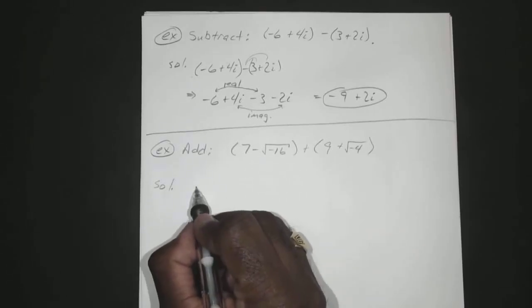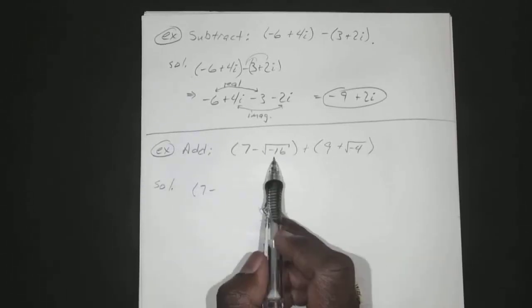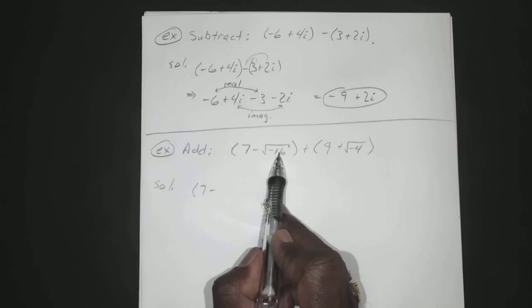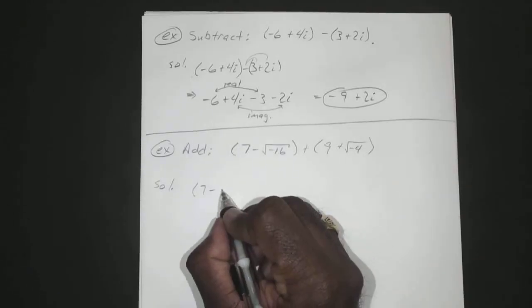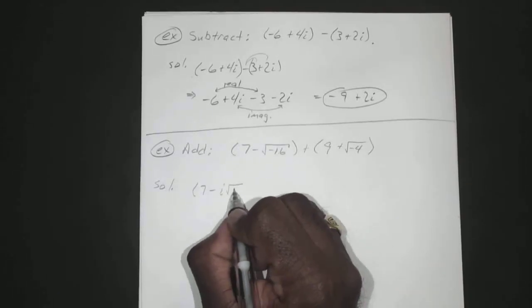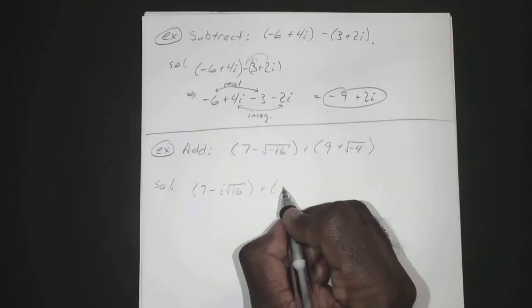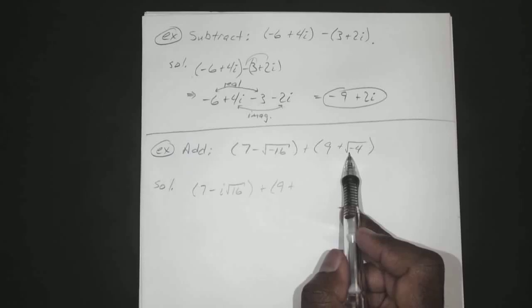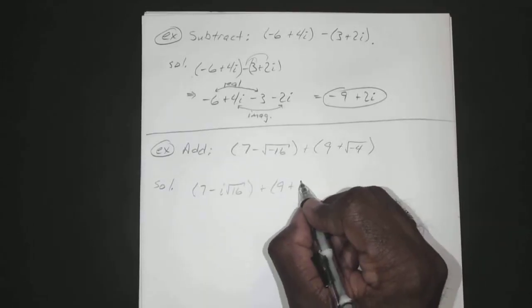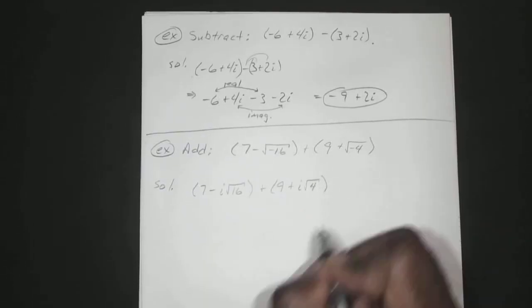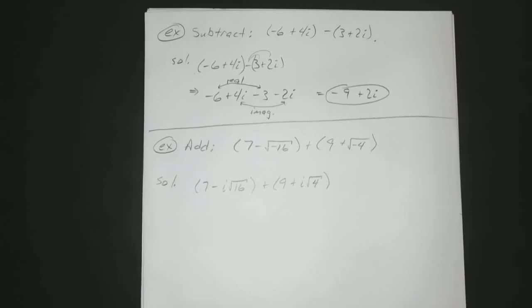Okay, so we know we have 7 minus square root of -16. We can just make that i square root of 16, plus 9 plus square root of -4. We can just make that i square root of 4. Or if you wanted to skip that step and go right to making that 4i, you could have.